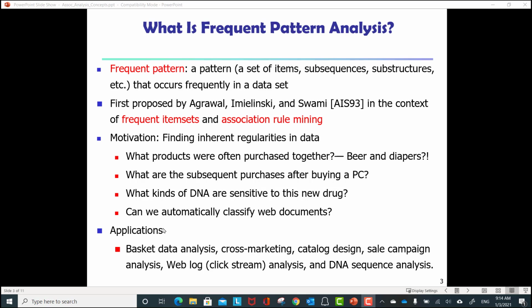Some applications include market basket analysis. I'm sure grocery stores are very interested in that, and also crime prevention programs by police, FBI, those types of people are also interested in basket analysis of human behaviors, cross marketing, catalog design, sale campaign analysis, web log analysis, DNA sequence analysis, and so on.